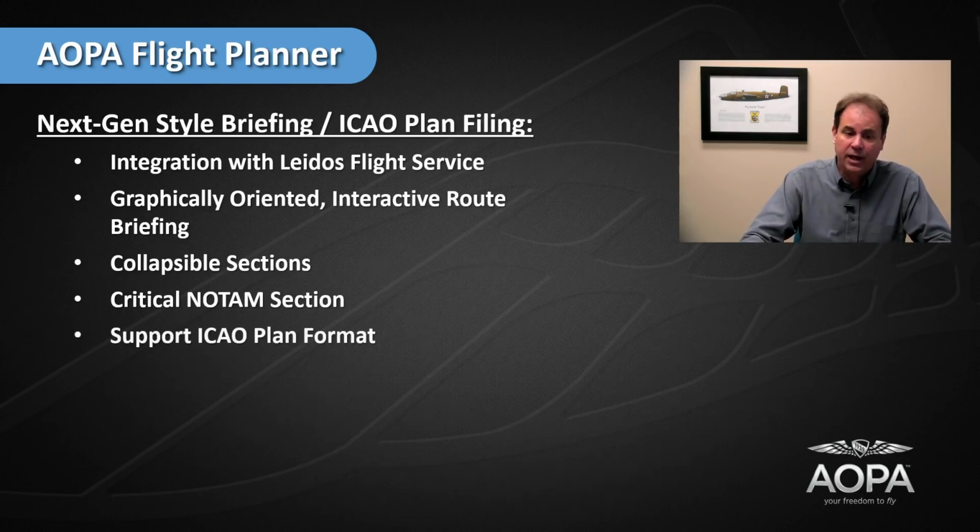So, support for the ICAO plan format. We know that the FAA is going to be switching over to only accepting the ICAO format. You can file with ICAO today using the AOPA Flight Planner. We know there are going to be some changes coming on the back end from Leidos and from CSRA, so we'll probably have to make some tweaks as we go forward into early next year. Don't have a timeline for that.